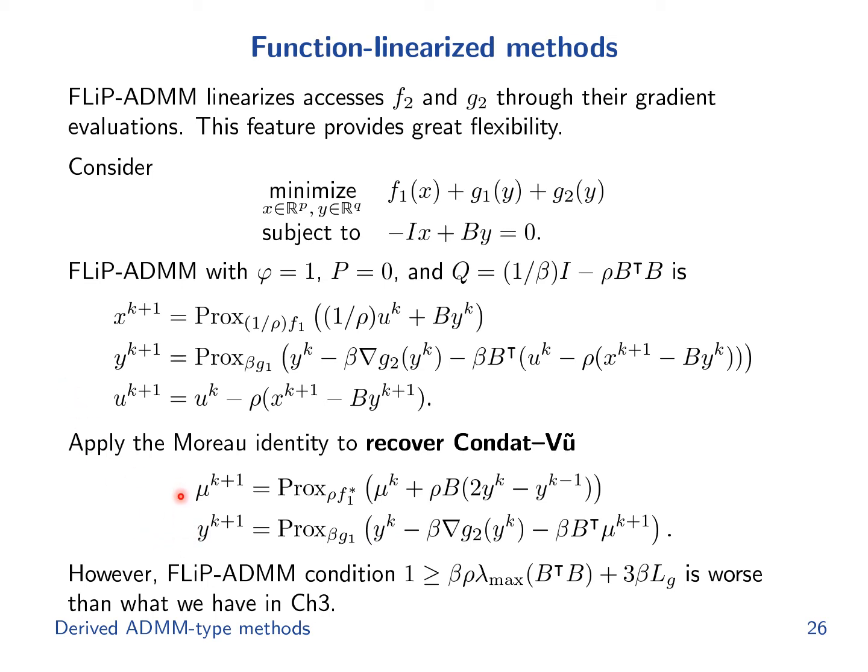Compared to PDHG, the only additional term in this new iteration is this term which involves the gradient of g2. Applying Theorem 1, we obtain this condition that guarantees convergence. However, it's worth mentioning that this condition is worse than the condition we obtained in chapter 3 using a different method.